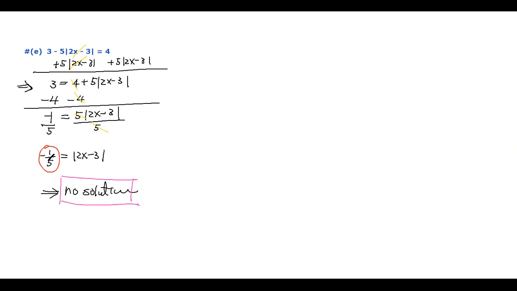All right, so this is how we solve absolute value equations. The key thing is how to break the absolute value. If I have the absolute value of x equal to a, the way you break it is x equals a or x equals negative a. Then you solve for x.